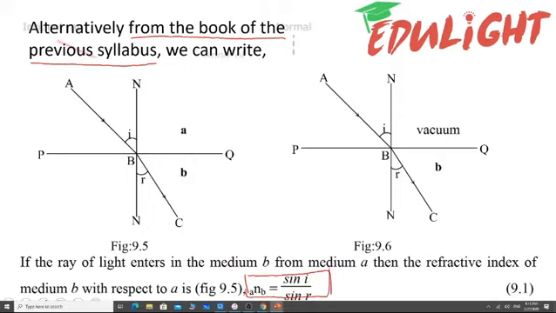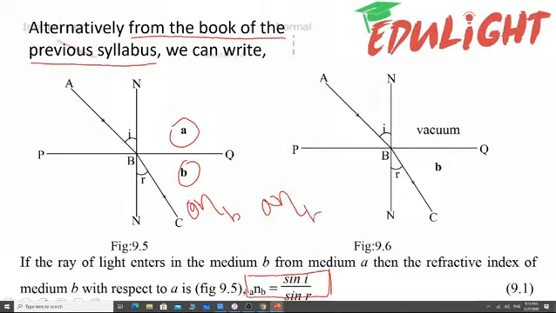A eta b generally means the refractive index of medium B with respect to medium A. That means we are calculating the refractive index of medium B with respect to which medium? Medium A. If this is medium A and this is medium B, then we are calculating the refractive index of B, but with respect to the incident medium, that is A.